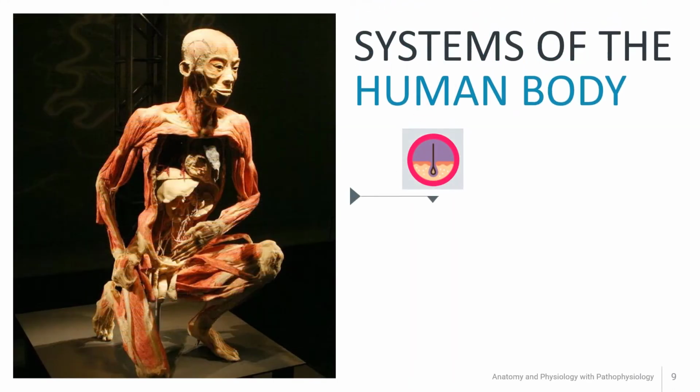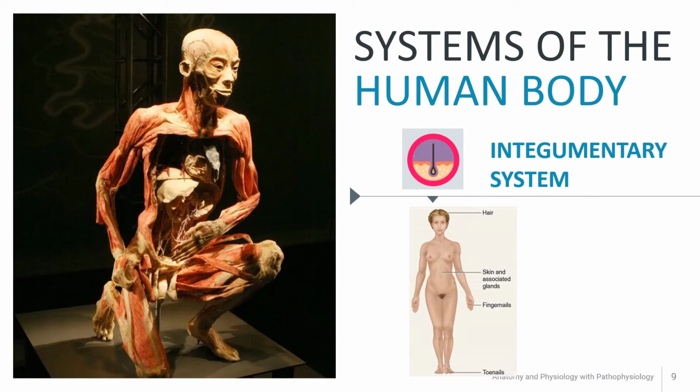So let us briefly look at the different organ systems of the body, starting with the integumentary system. The major organs involved in the integumentary system would be the skin, the hair, the sweat glands, and the nails. The integumentary system protects our body against environmental hazards.